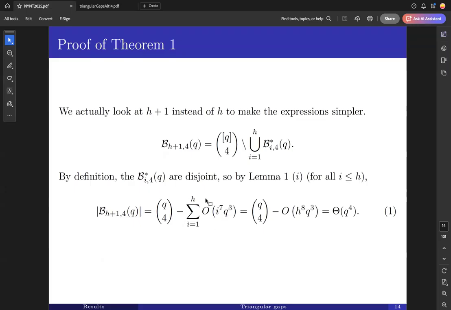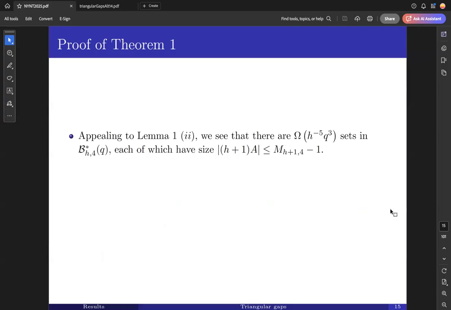If I sum up h of these, and I'm very lazy with my summing, I'll get something on the order of h to the 8th q cubed. And again, if q is much, much larger than h, this is still big theta of q to the 4th. So I've shown that the number of b sub h plus 1 sets is still q to the 4th. And this is equation 1. We'll come back to equation 1 later.